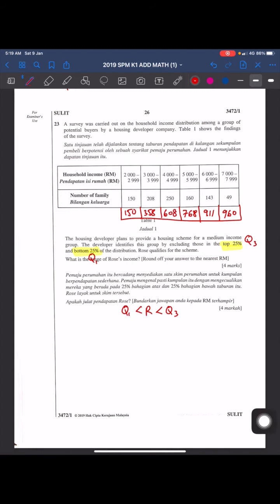Okay, so kita kena cari di manakah location of the first quartile terlebih dahulu. First quartile location is 1 over 4n. So 1 over 4 times 960, kita akan dapat 240.